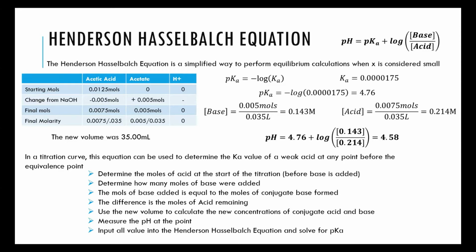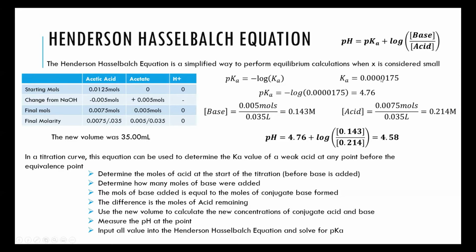and therefore how much acid is left and how much conjugate base was generated, and divide that by the appropriate volumes. And if you have the pH and this ratio, now you could solve for the pKa, which you could use to find the Ka.